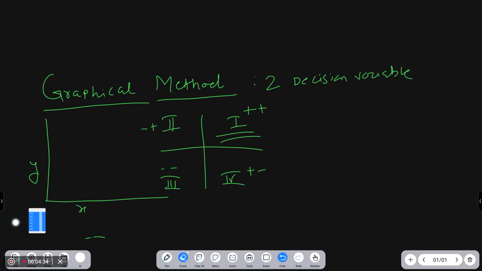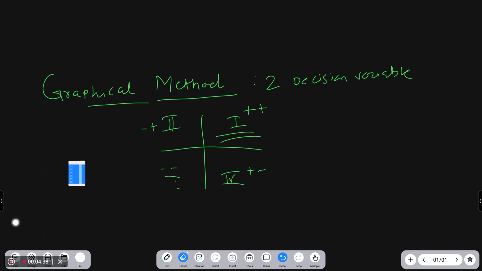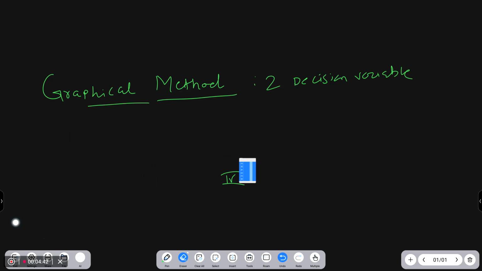Okay. Now the next important point regarding the graphical method. We have learned the general form of an LPP problem, right? In a graphical method, an LPP problem generally has a very standard canonical form. See here.